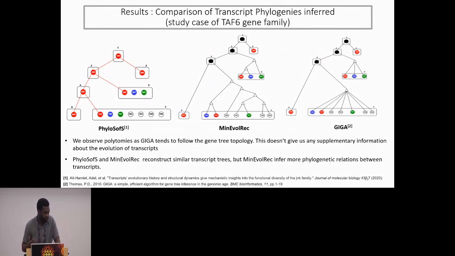But considering the 2 trees reconstructed using Philosoft and EvolRec, our method, we can see similar trees. Philosoft tends to construct forests as it only allows phylogenetic connections between transcripts when the transcripts are very similar. So the method is very stringent compared to our method that allows inferring additional phylogenetic relations.